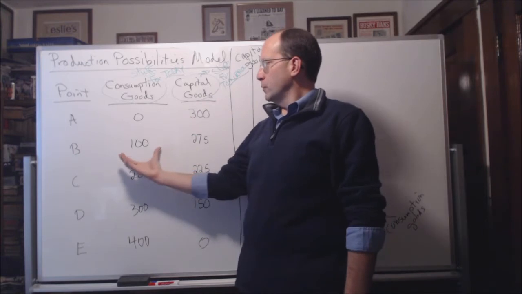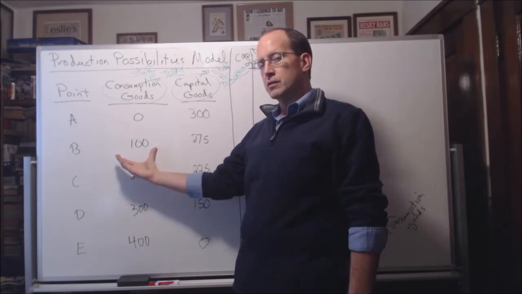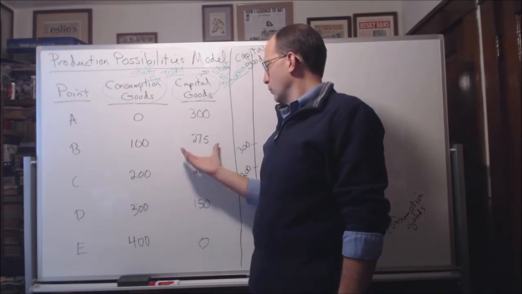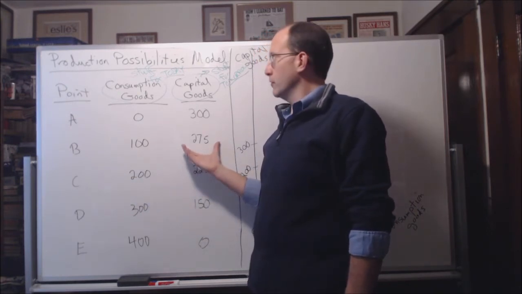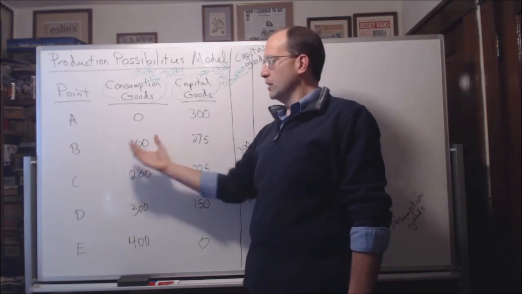Or alternatively, if we put some resources into making consumption goods, enough to get 100 units of those output, we could only produce 275 capital goods because we took some resources away to put it over here.